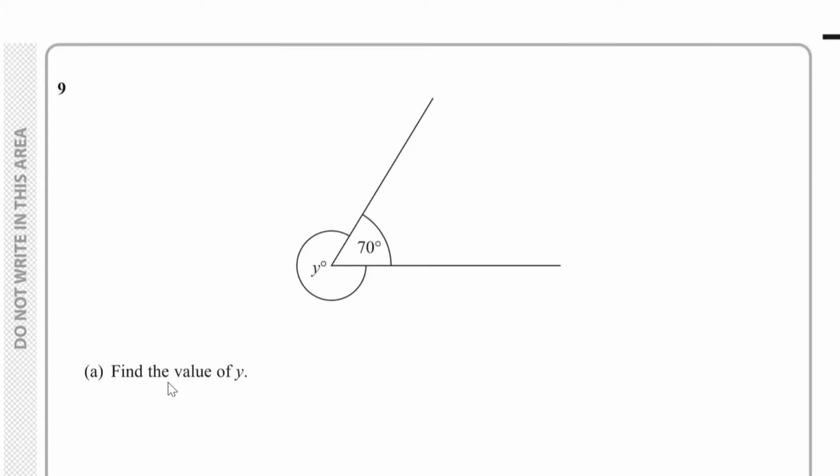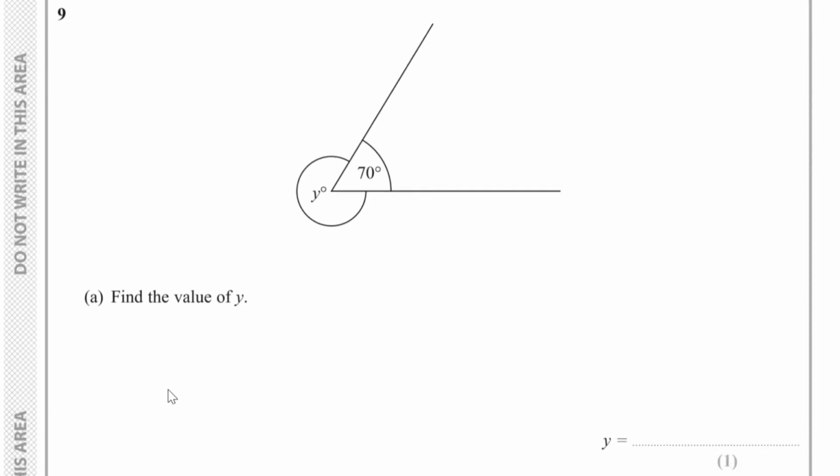Question number 9. For part A, we have to find the value of y. Well, recognizing that angles around a point sum to 360, y plus 70 equals 360.